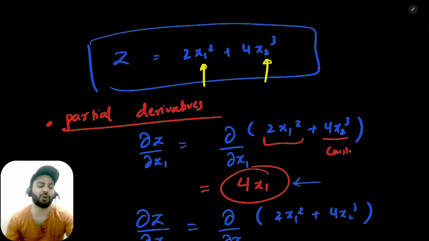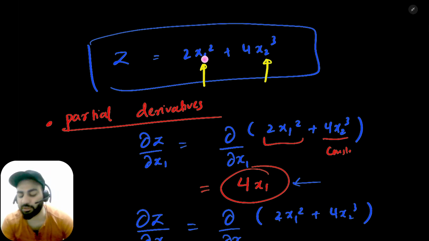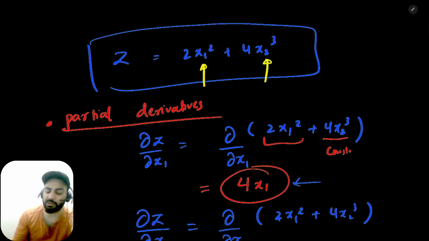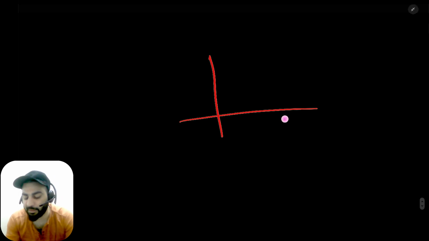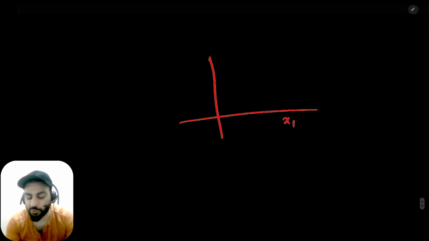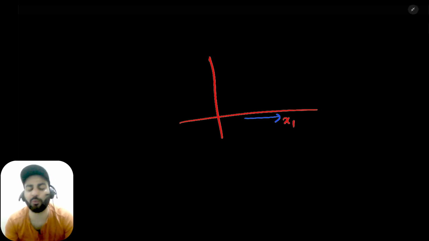You can also now take the combination of these. If I make some change in x1, x1 will be in some direction and x2 will be in some direction, so I want to make some change in the combination of these directions and see the change. When your equation was in one variable, say x1, you made a change along x1 and saw how the function behaved, the rate of change.